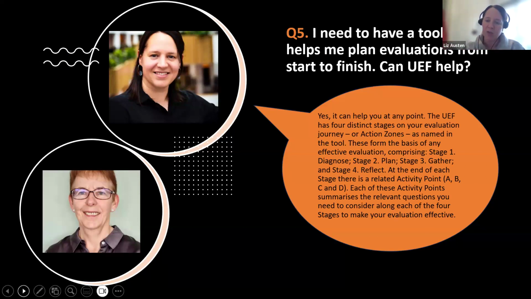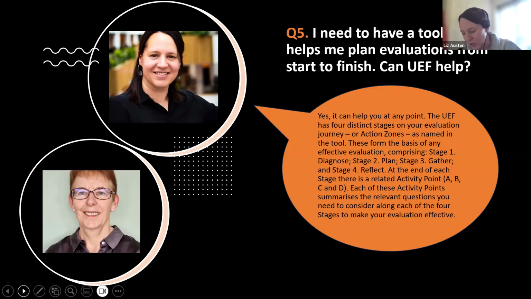It takes you through four distinct stages, which we've called action zones, and these are the basis of effective evaluation. If you followed it from start to finish through the UEF, it would take you through the stages that we think are relevant to effective evaluation planning. You can, of course, dip in at any point. It might be that you already have aspects of evaluation in train, or you've got experience in certain areas and not others, but you can absolutely dip in and out wherever it is relevant.